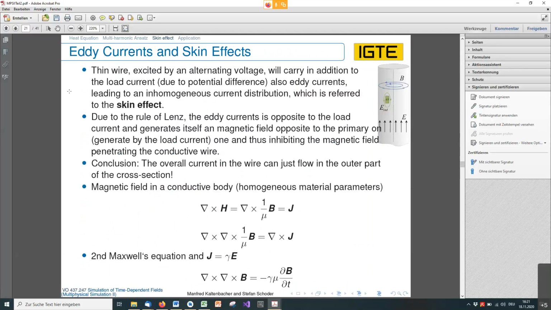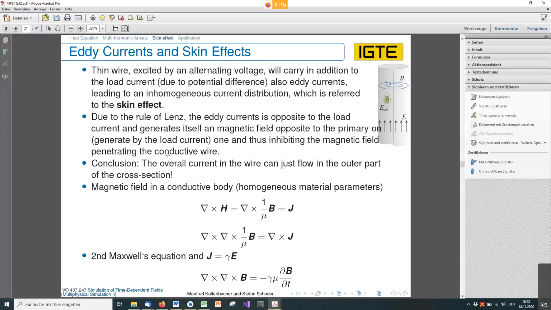Essentially, due to the magnetic field that is present, current starts flowing in some parts of the conductor, which are mostly located on the outer regions of the conductor.